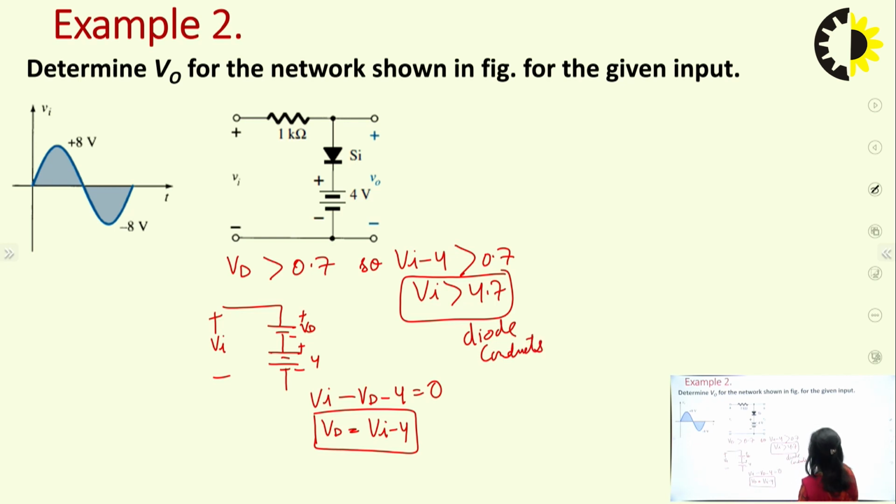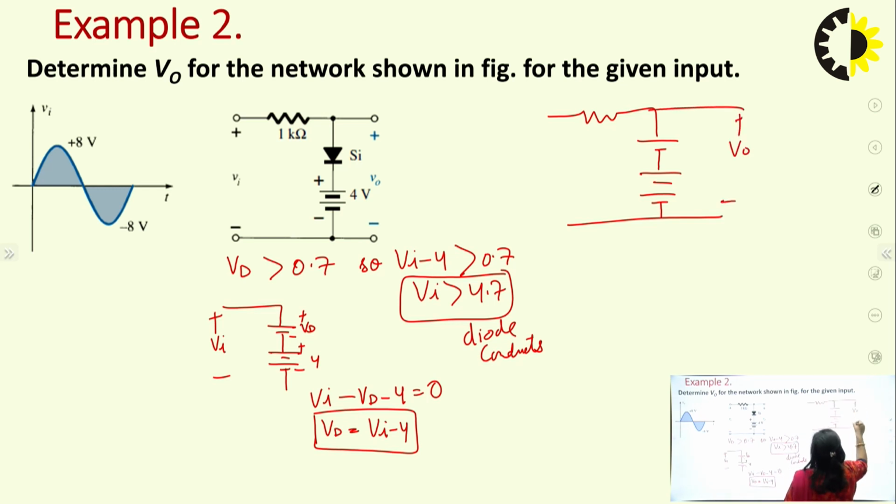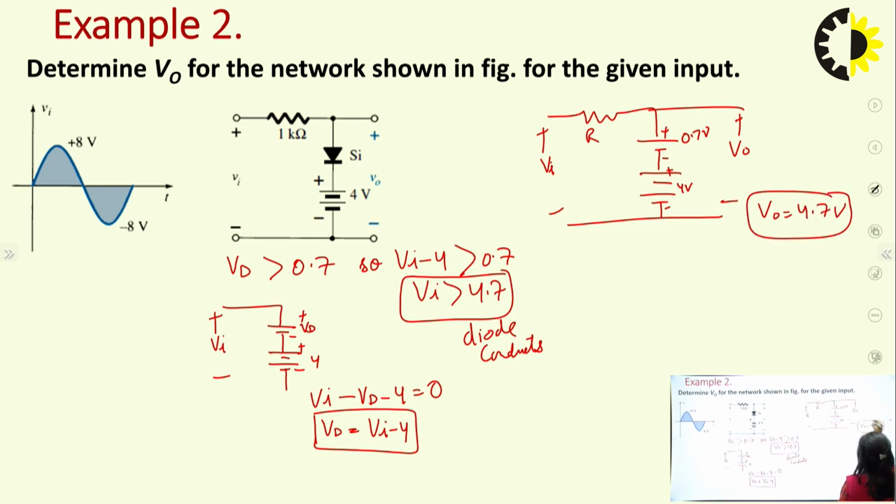Okay, and when it conducts, the equivalent circuit would have the diode replaced with 0.7 volt in series with 4 volt, and this is Vi and R. So in this case, the output voltage would be equal to 4.7 volt, because 0.7 and 4 are in series, so we can add these voltages.